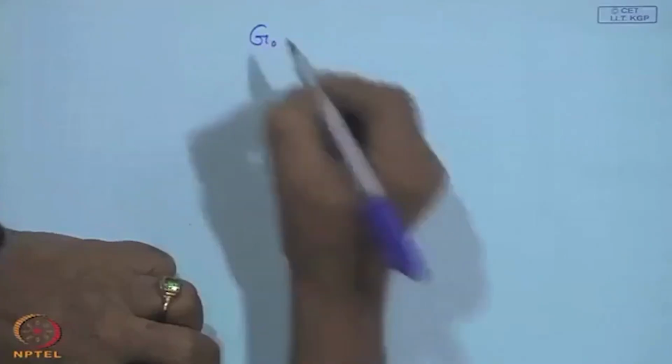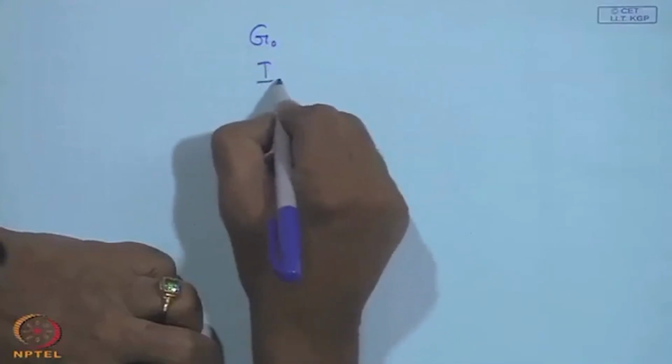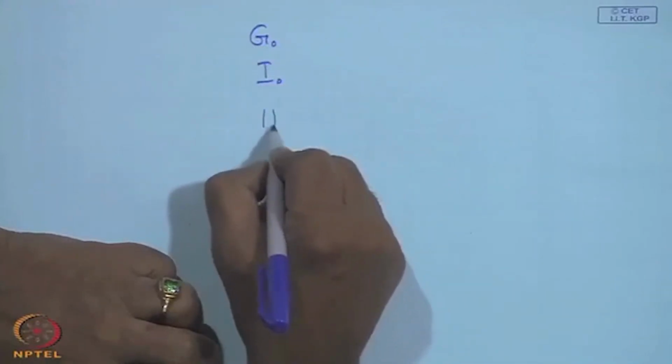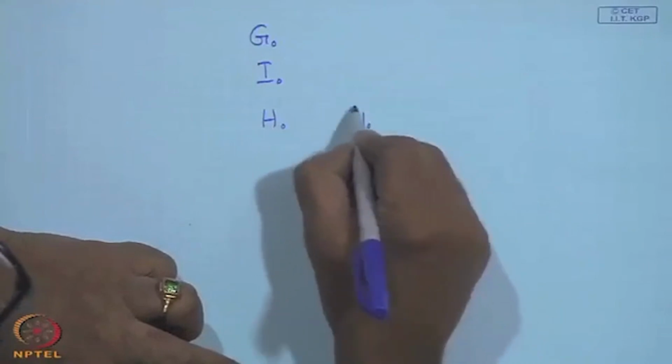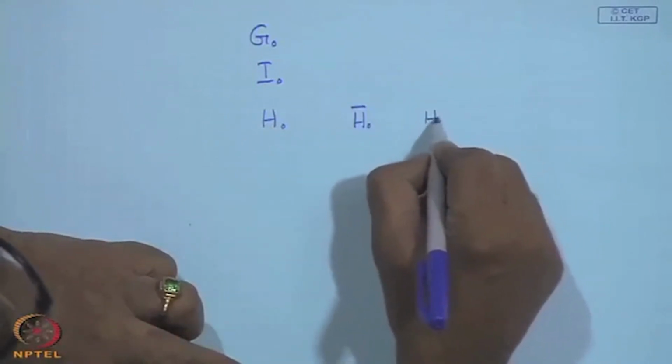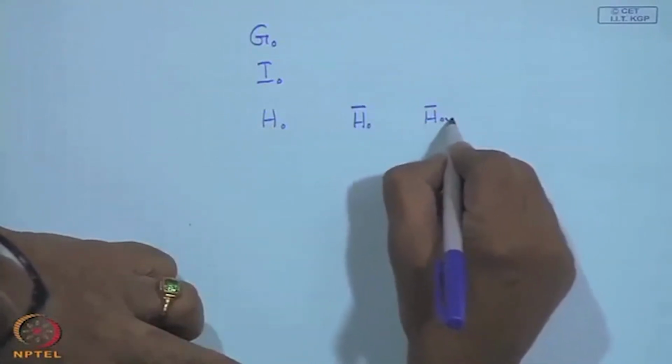So, we have G 0, I 0, H 0 and H 0 bar, and H 0 bar for the year.